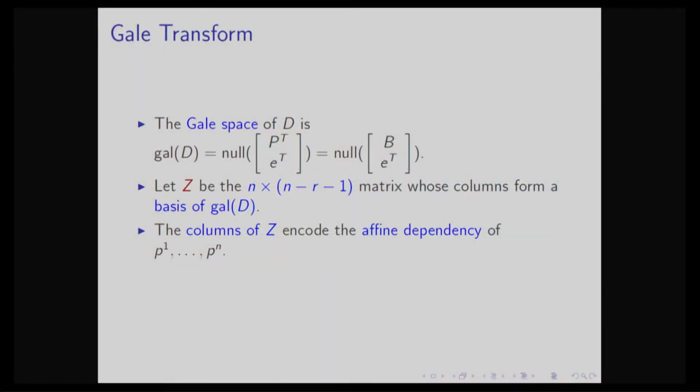So this comes from the fact that the columns of Z encode the affine dependency of these points. Now, to get the Gale transform, all you have to do is take the rows of this matrix Z. Okay? So the first row of Z is a Gale transform of P1, and the second is a Gale transform of P2. The reason I say a Gale transform is because Z is, of course, not unique. Okay? You can pick any basis, so it's not unique.